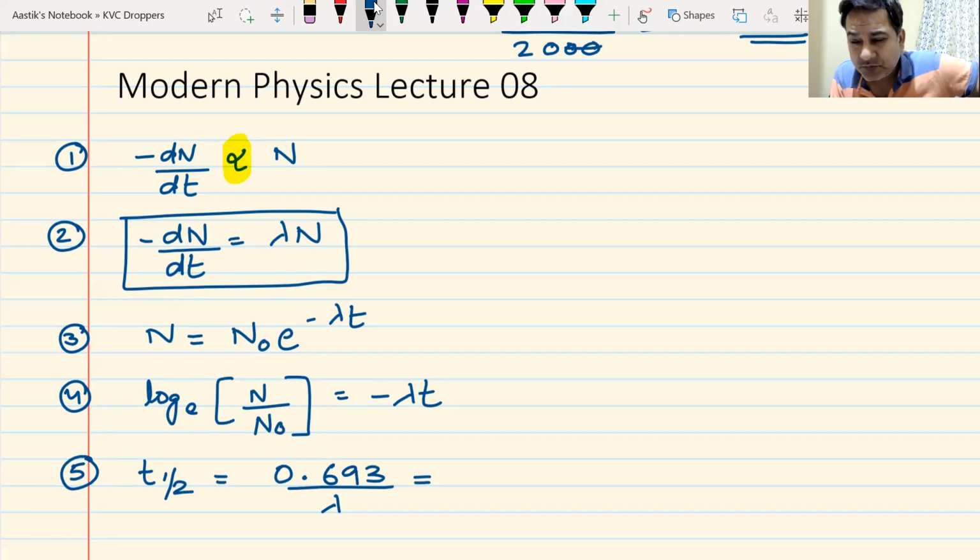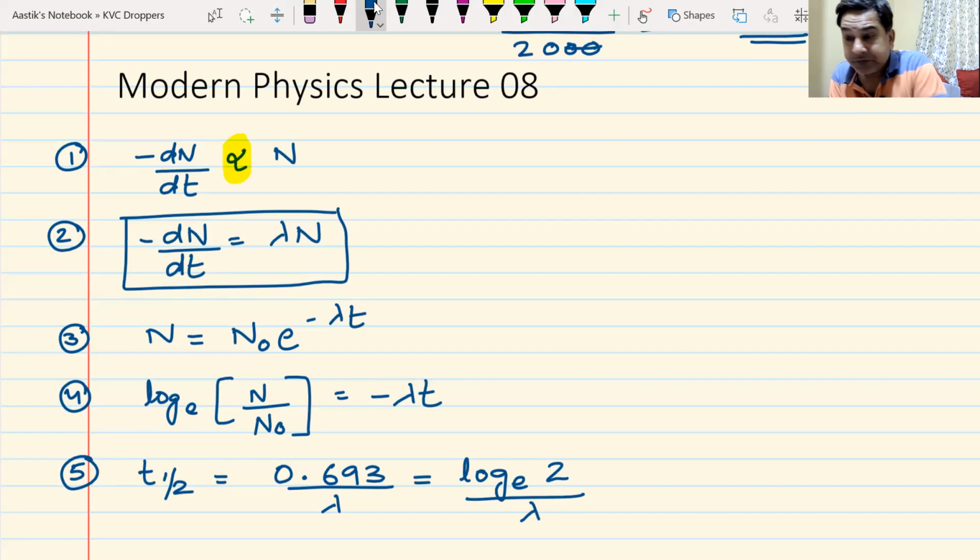From where this 0.693 was coming, there is also a formula in terms of natural log. What is 0.693 actually? ln 2 by lambda. ln means log to the base e. 2 by lambda. That is correct.